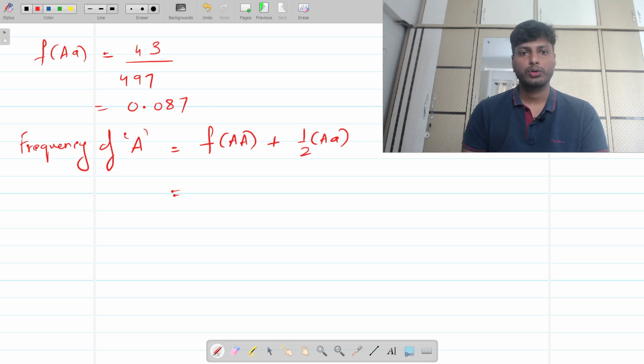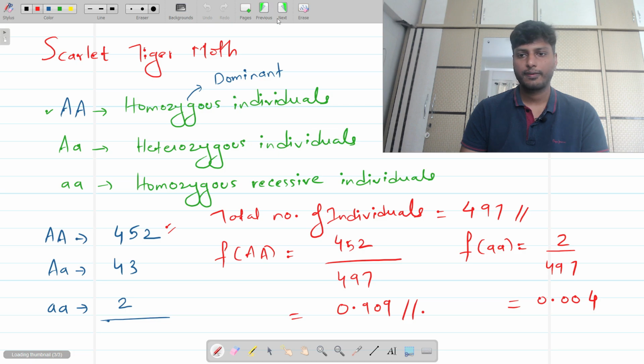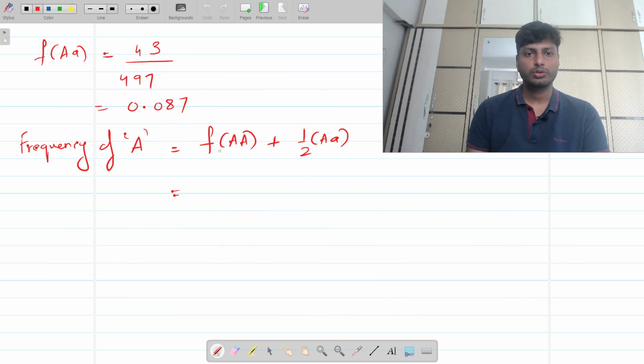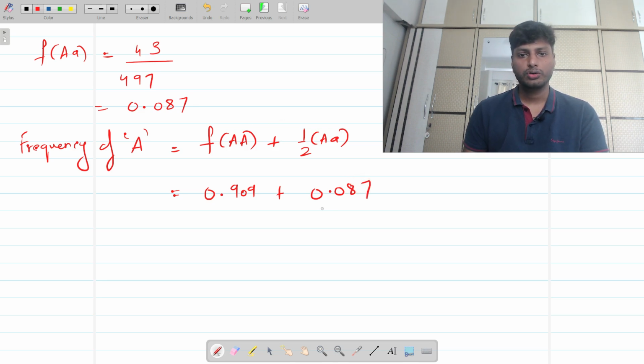So now the frequency of homozygous dominant individuals was 0.909, and the frequency of heterozygous individuals is nothing but 0.087. So this will be divided by 2.